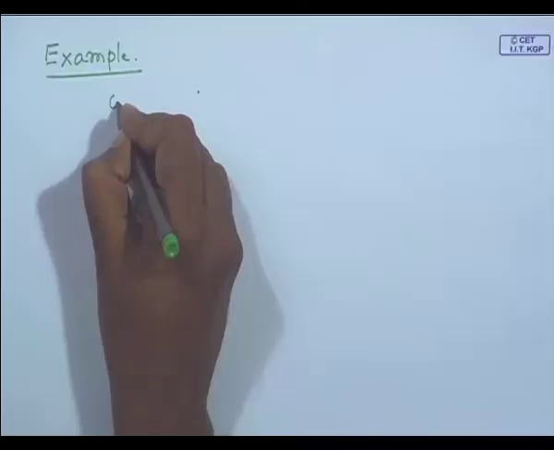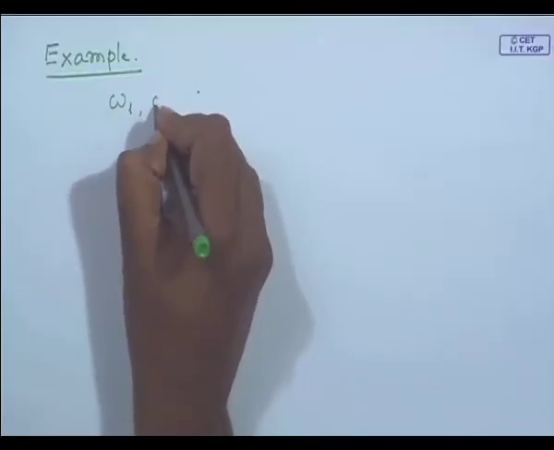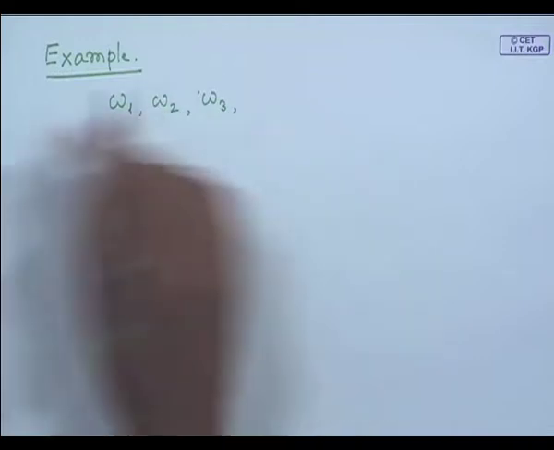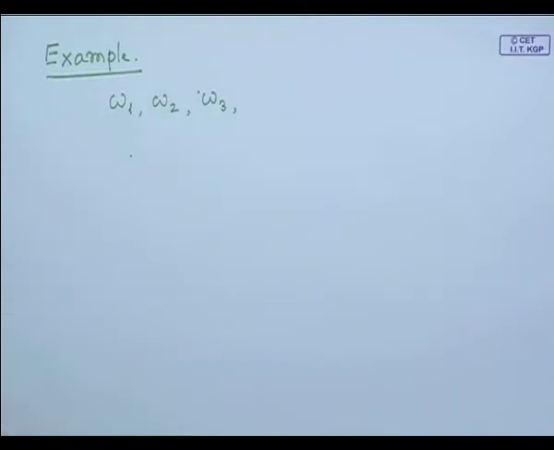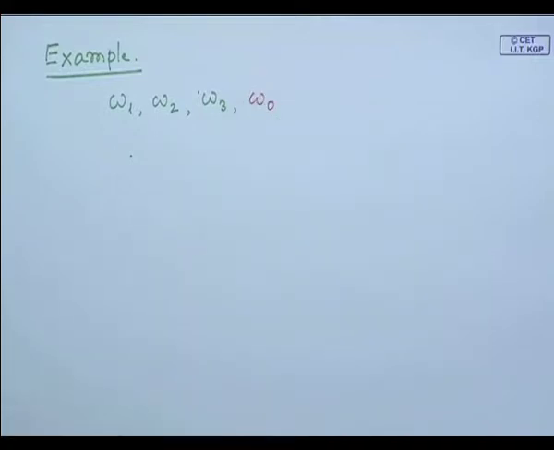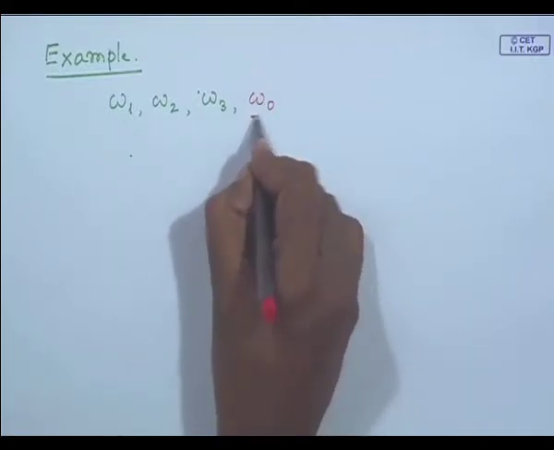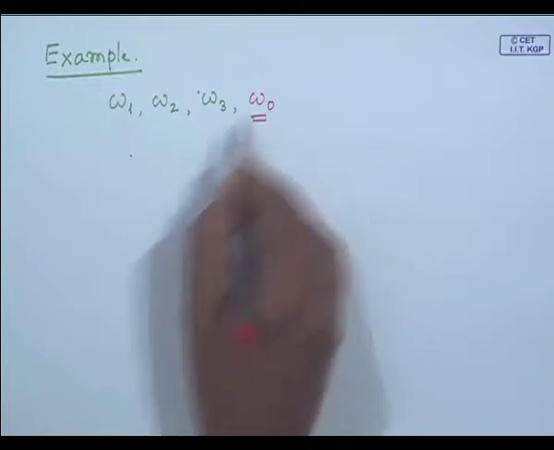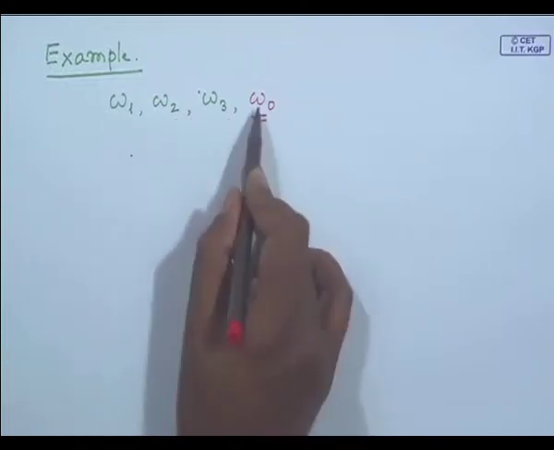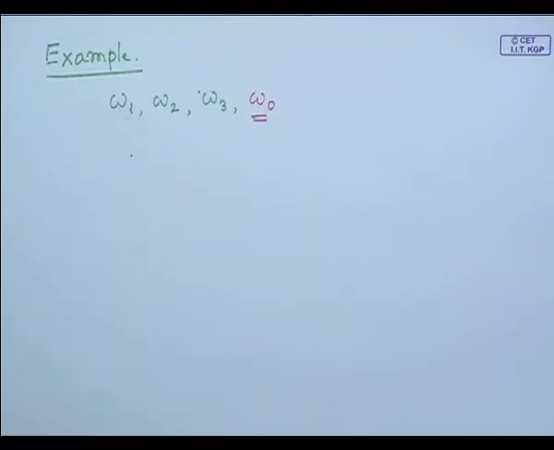So, I will have omega 1, omega 2, omega 3 and the final state, which is omega 0. Omega 0 is the final state, and in addition to this it has 3 more states, omega 1, omega 2 and omega 3, and all these are hidden states.